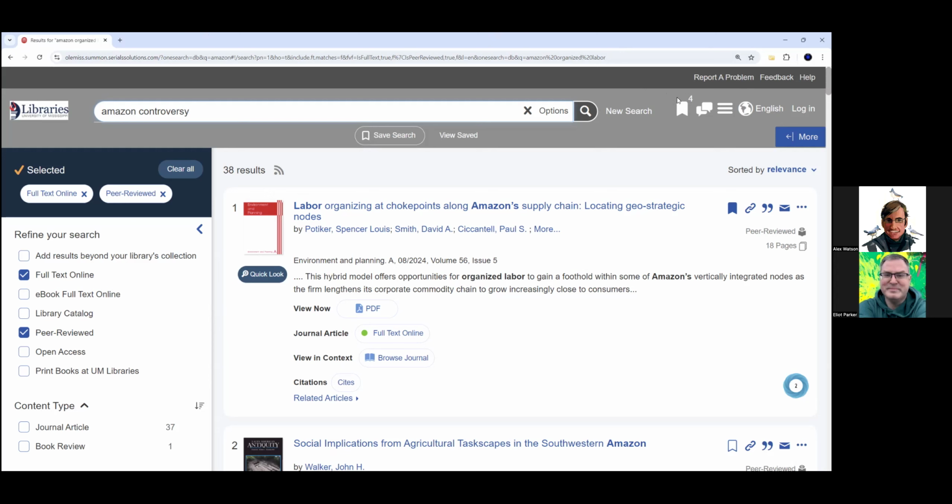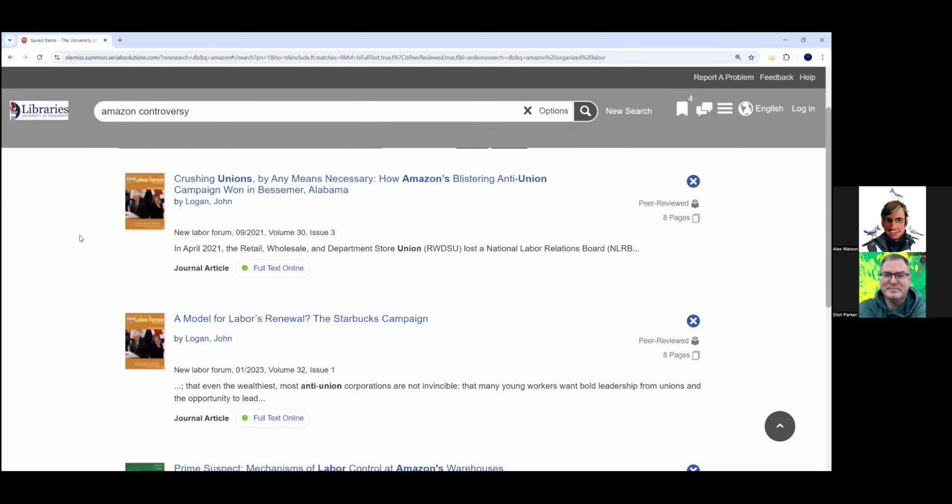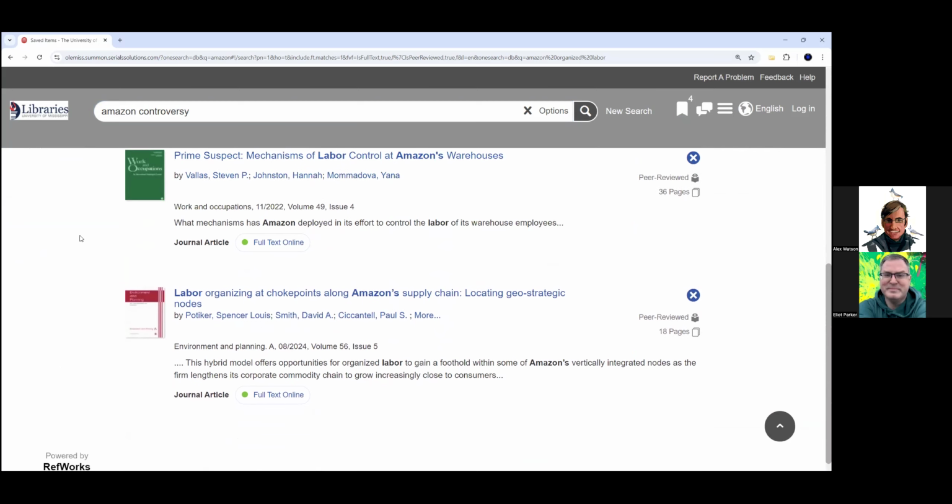Now, as we've seen, I've been entering items into our saved items folder. If I want to, I can generate a permanent link or a citation or email any of these to myself individually. What I prefer to do is find interesting articles on a particular topic, use this to put them into my folder, and then look at them like so.